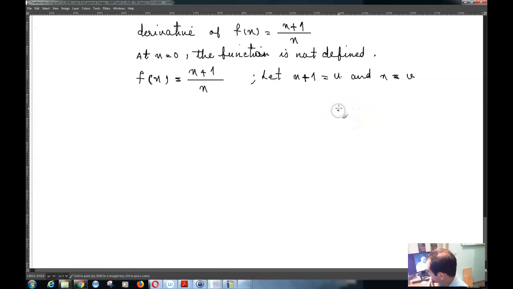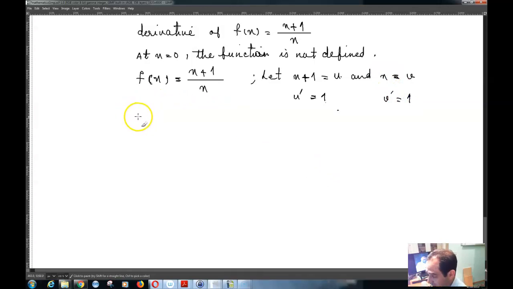And of course the derivative of this function u is u prime, which is equal to 1 plus 0, which is equal to 1. And the derivative of this function v is v prime, which is equal to 1.